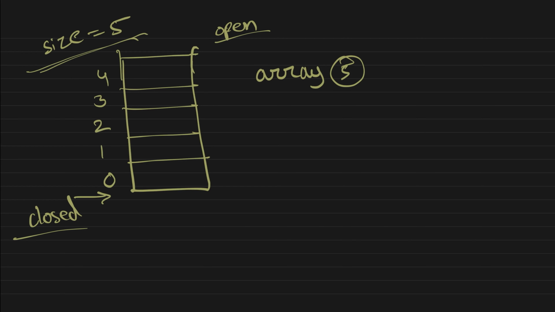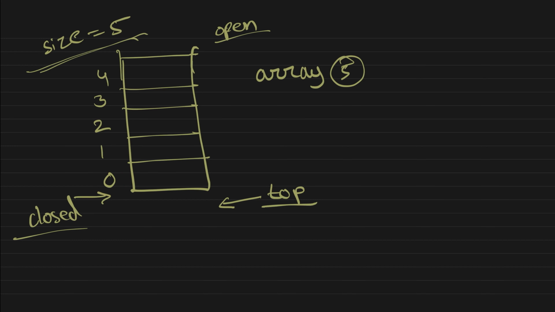So to know that, we keep an indicator which is called the top of the stack. Okay, so top denotes the position in this array where I can add the elements or remove the elements from. Since initially my stack is empty, I would point this top to an index before 0.